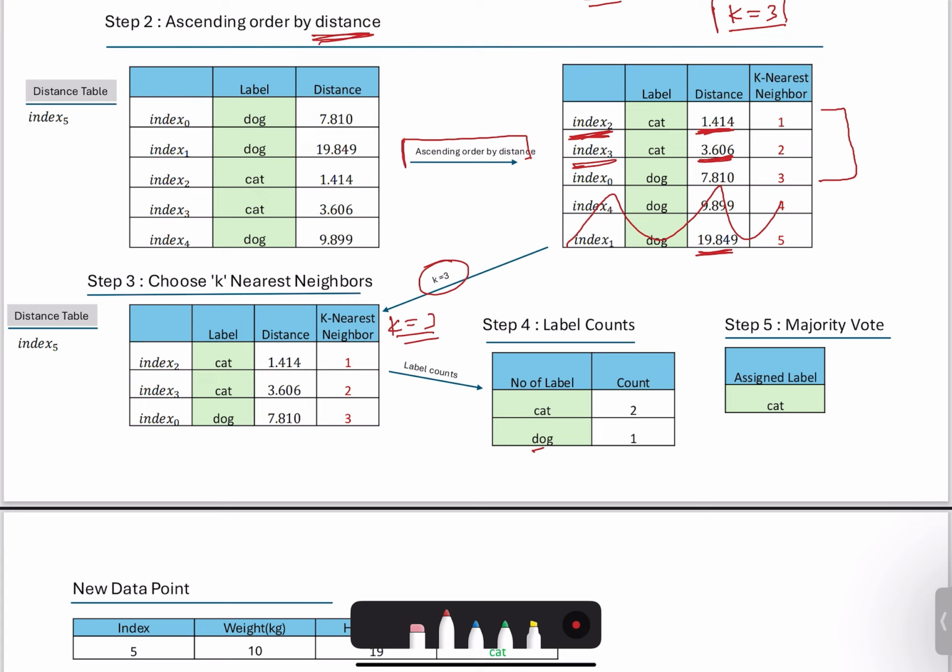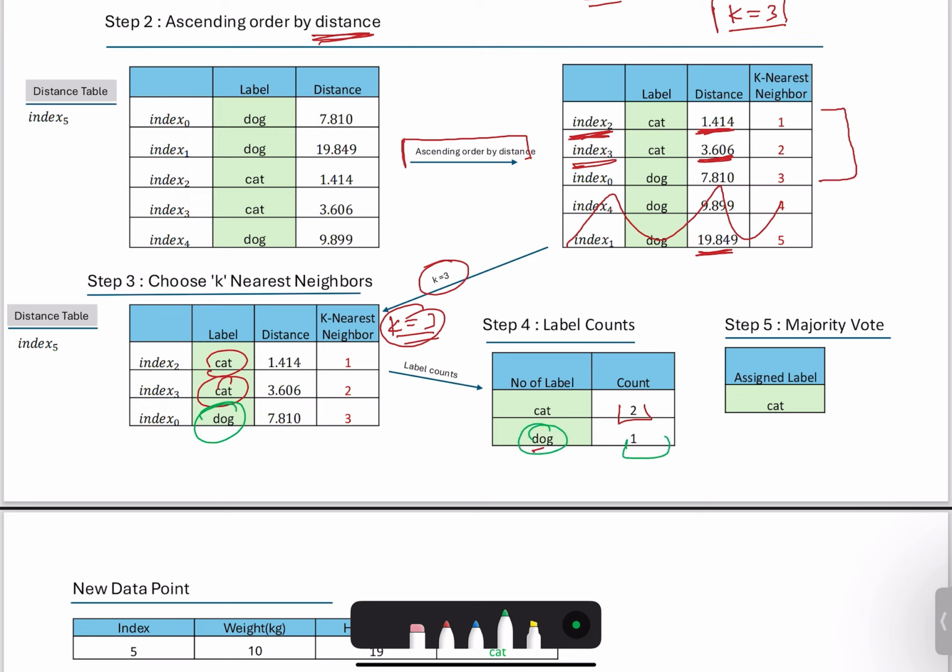As a next step, you need the label counts: how many times the cat has appeared and how many times the dog has appeared with K set as 3. As you can see, the cat has appeared 2 times and the dog only 1 time.